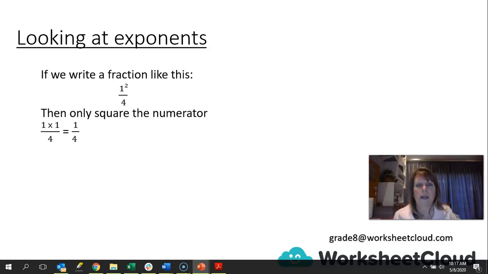The denominator will stay as is. If you try this one, 3 squared over 5, it will be 3 times 3 over 5. Remember, the exponent is only related to the numerator, so 3 times 3 is 9, and it will be 9 over 5. So you will end up with an improper fraction, and you can simplify it.